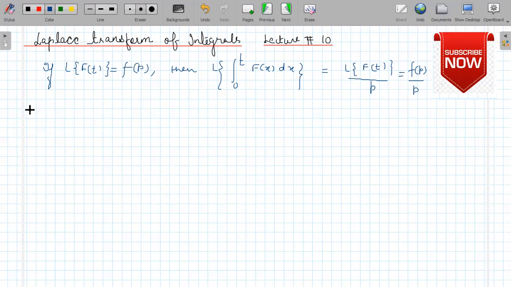For example, evaluate Laplace of the integral from 0 to t of sin x divided by x dx.